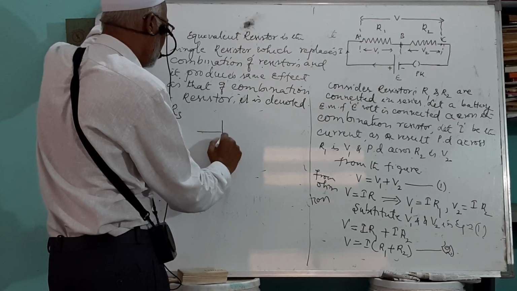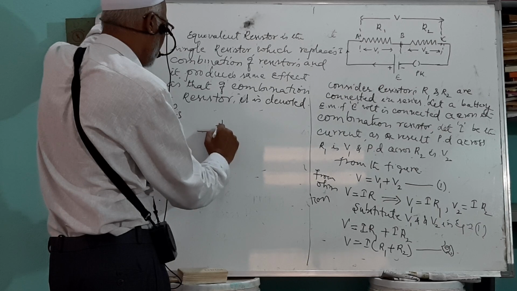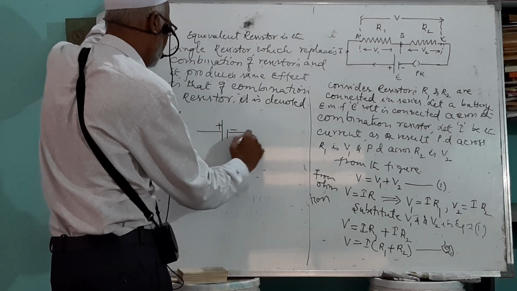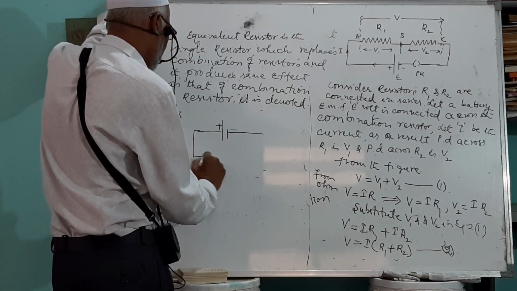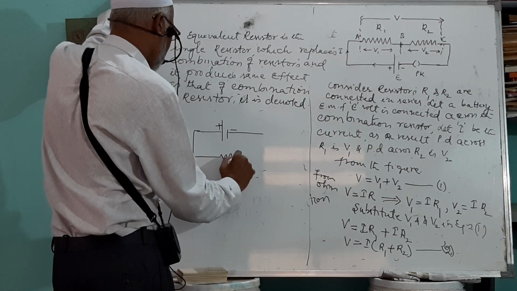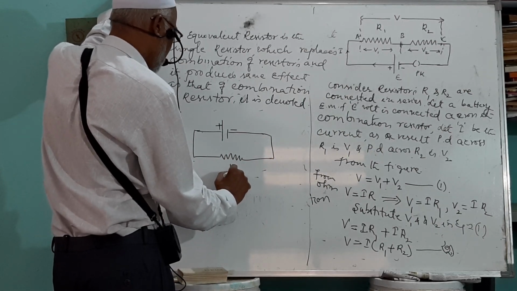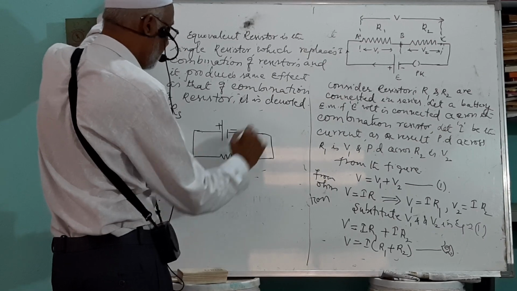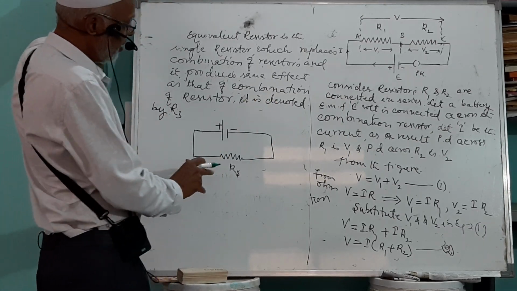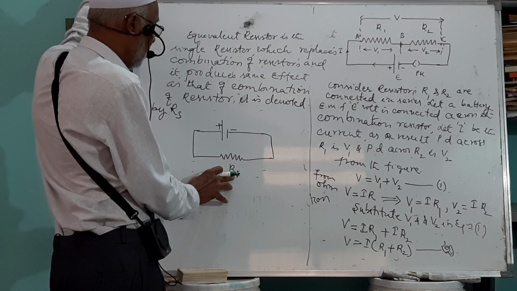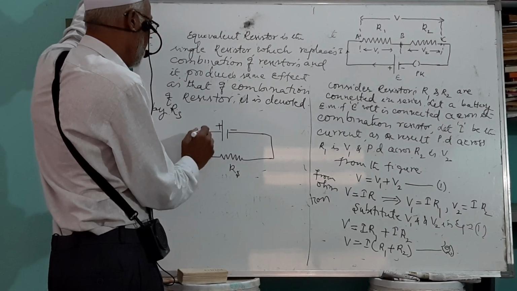So this is an equivalent circuit diagram. This is a battery, with positive and negative terminals, and a single resistor denoted by Rs instead of R1, R2, R3. This equivalent resistor I am referring to as Rs.